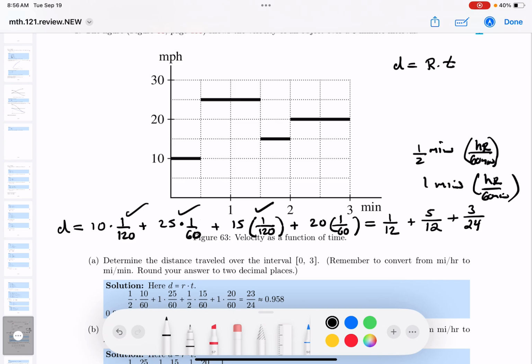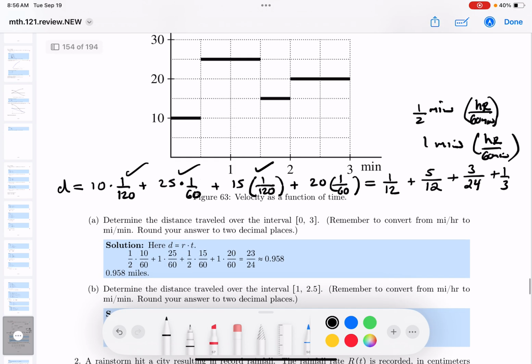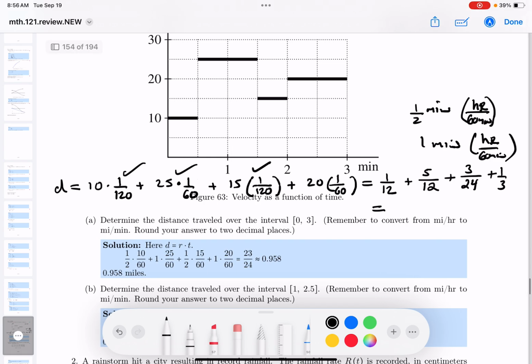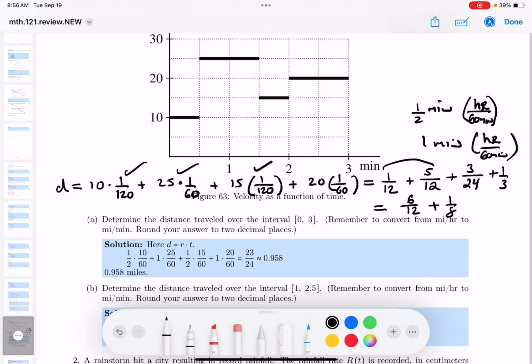The last one is going to be 1/3. Oh, boy. 3 over 24 is 1/8. But anyway, let me keep going. I get 6/12, that's the first 2 terms, by the way. I'll reduce that later. Then 1/3. I'm starting to realize that I need to put those 3 fractions together, and the LCD on those would be 24.